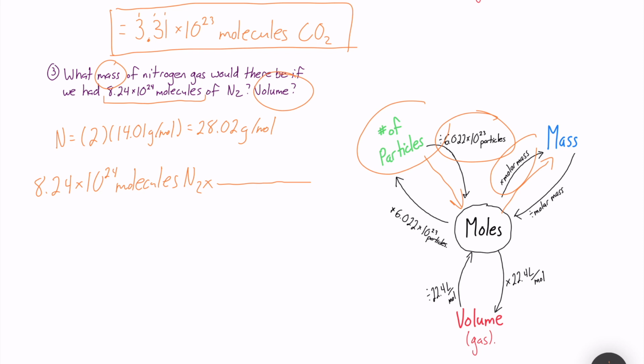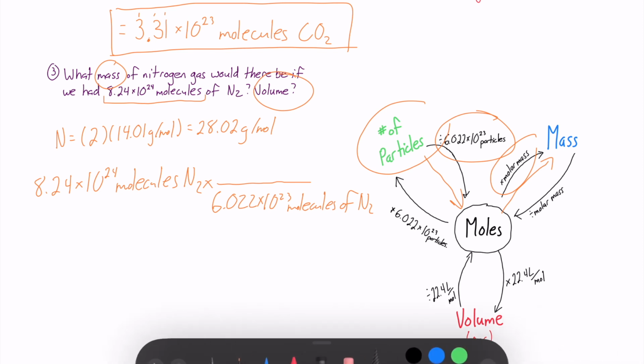We'll get a times sign line in there. And we must divide by 6.022 times 10 to the 23. So that's going to go on the bottom. So 6.022 times 10 to the 23rd molecules of N2. And I'm just going to move our roadmap over just a tad.